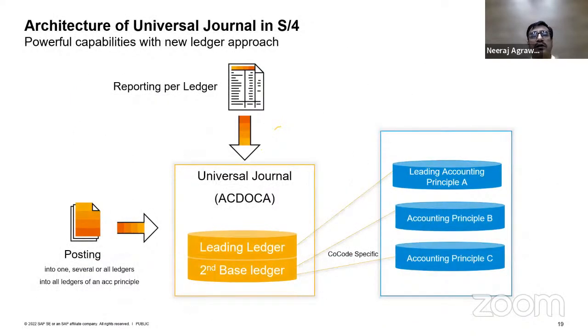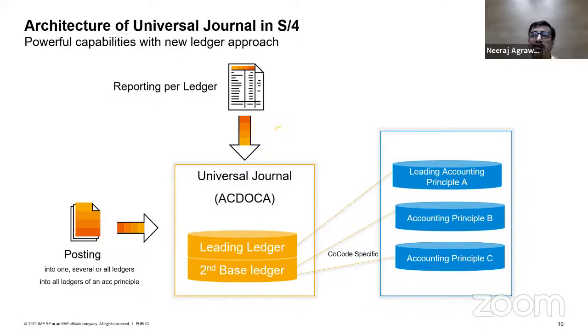Then the ledger approach. Like I was saying earlier, we now have different ledgers, and based on these ledgers we can have very specific reporting, or accounting-principle-based reporting. Say your group is doing reporting at a certain level and has its own principles, group reporting.